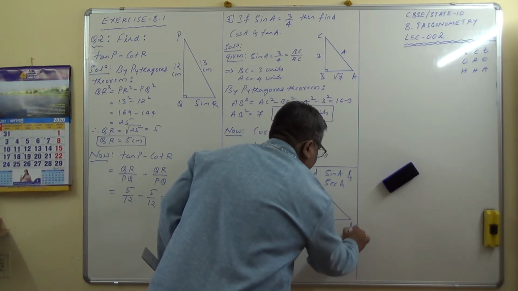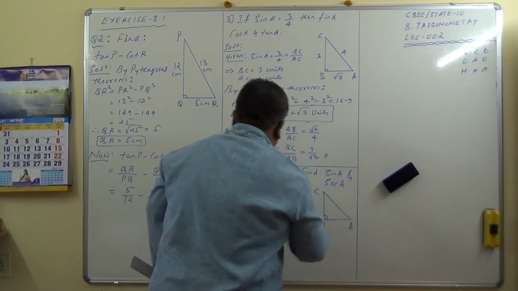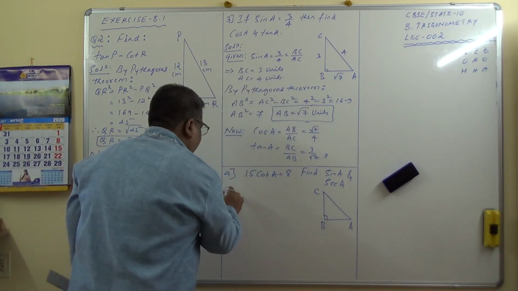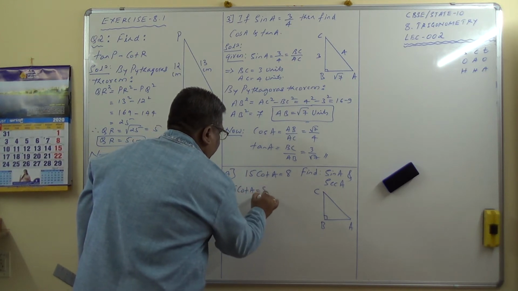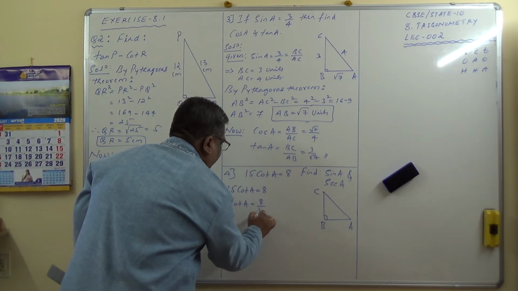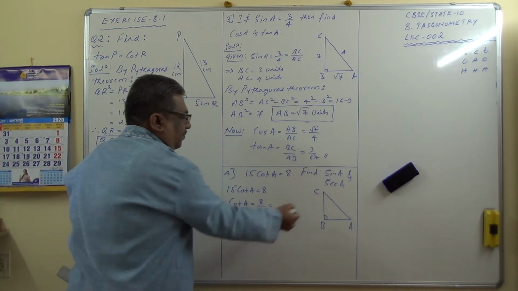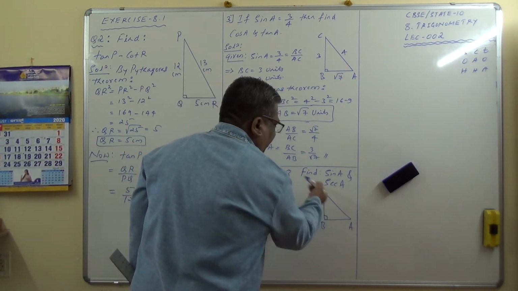Okay, this is triangle A, B right angled at B, and C. Now the solution. 15 cot A equals 8, so cot A equals 8 by 15. Cot A is adjacent by opposite side.